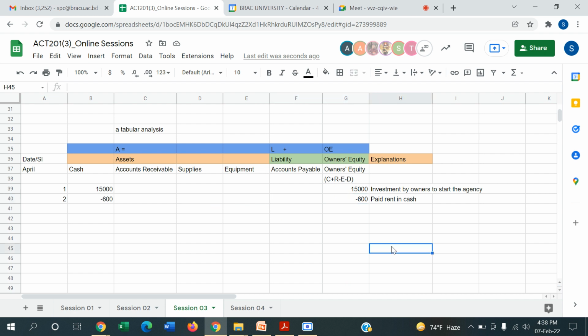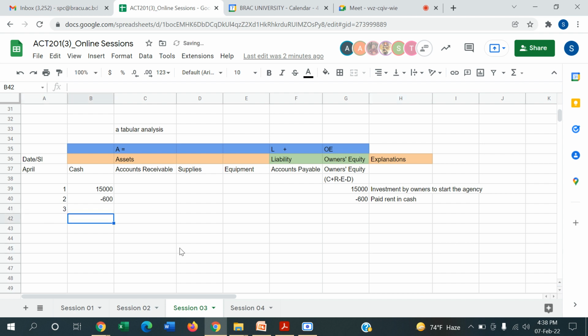It means that every transaction will equally affect the total assets and the total liabilities and owner's equity. After the effect, they must be the same. It can be positive, it can be negative as well.